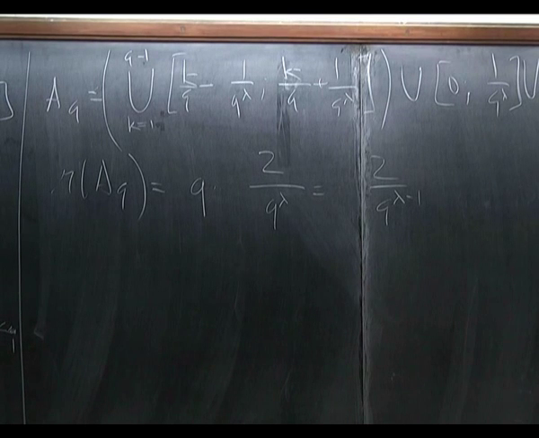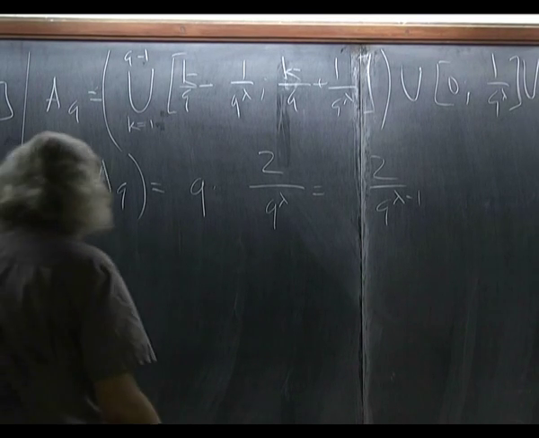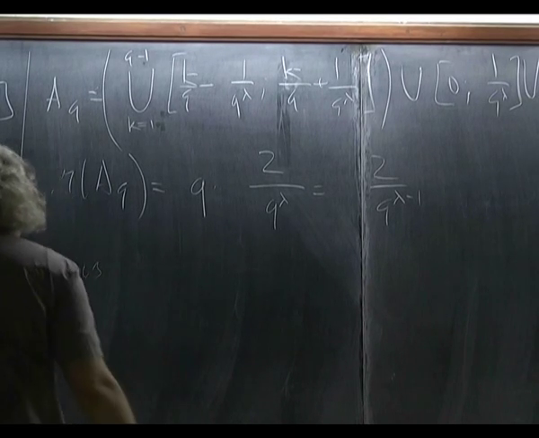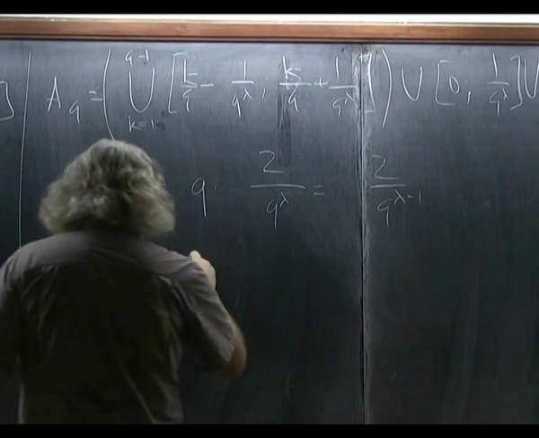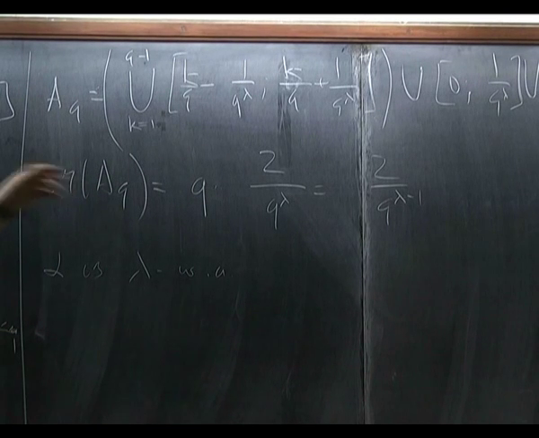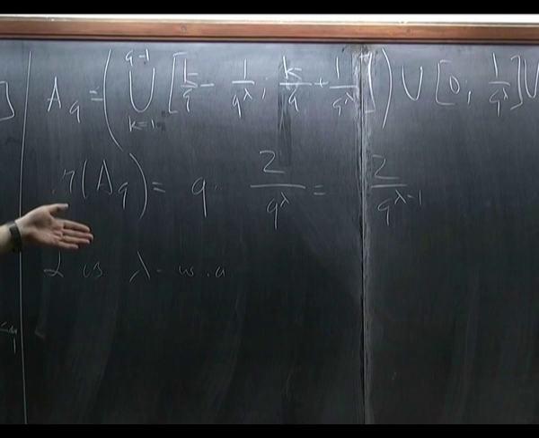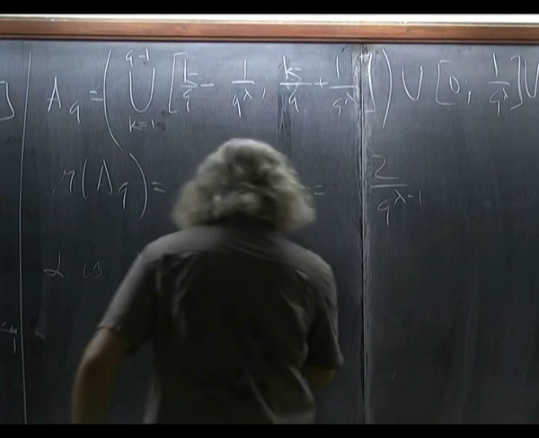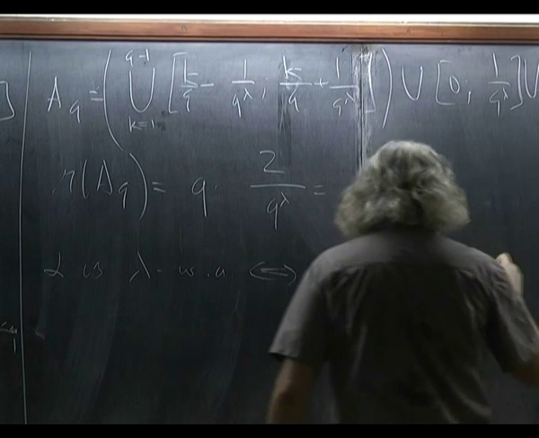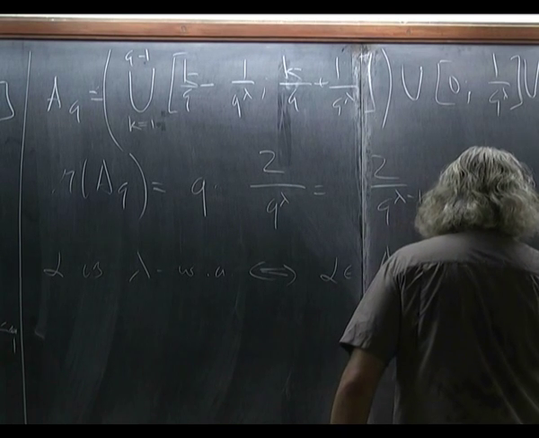Right? Good. And now alpha is lambda well approximable if it belongs to A_Q for infinitely many Q. It's exactly the definition, right? If and only if alpha belongs to A_Q for infinitely many Q.